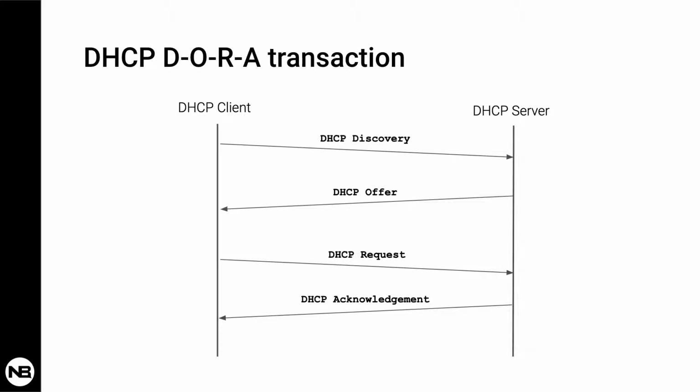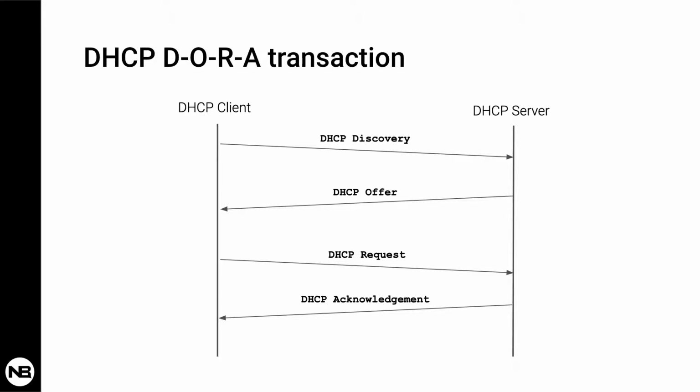The first step in the DORA transaction is the client sending a DHCP discovery to the broadcast address. If a server, hopefully on the local subnet, is available, it will respond to that discovery with an offer frame that includes the IP address that the client can use.